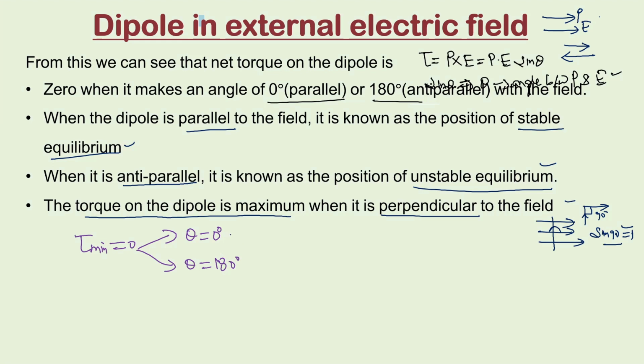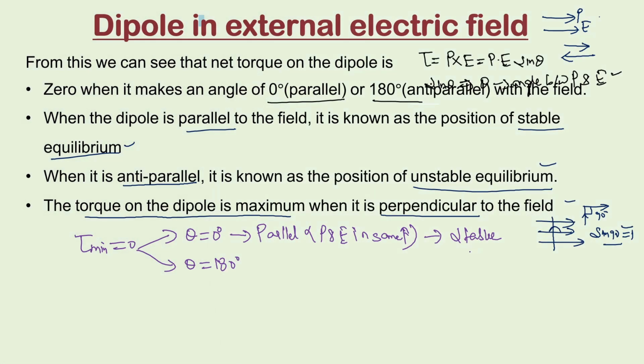When theta is 0, it is called parallel, because P and E are in the same direction, and it is called stable equilibrium.